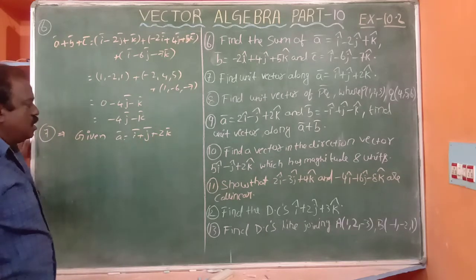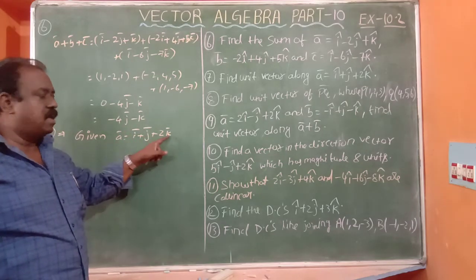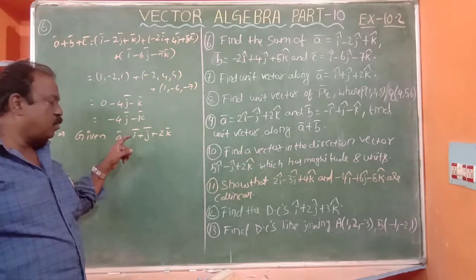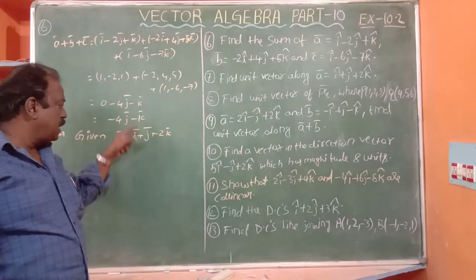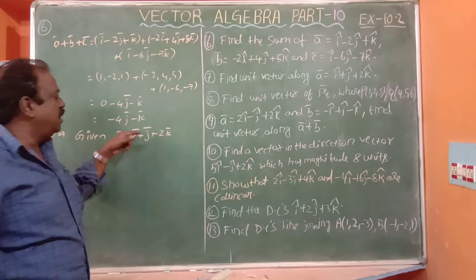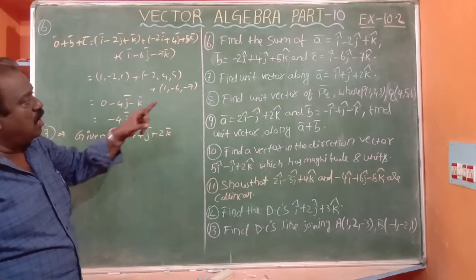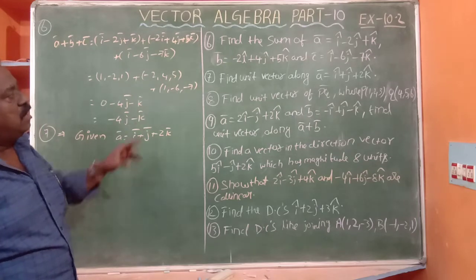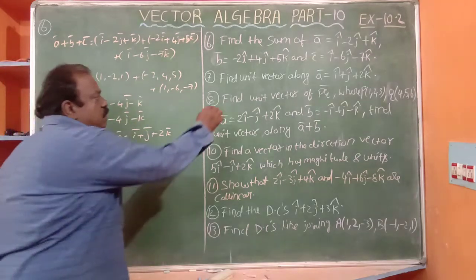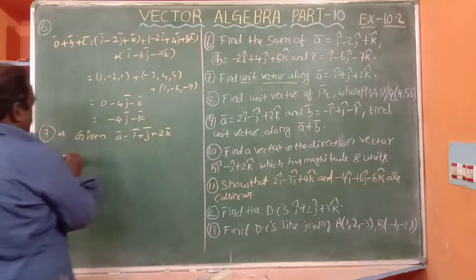Don't get confused, I am always using bars like i bar, j bar, k bar, but you have to write caps in the exams. Cap is the correct one, but my practice is like this. We are asked to find a unit vector along A bar.